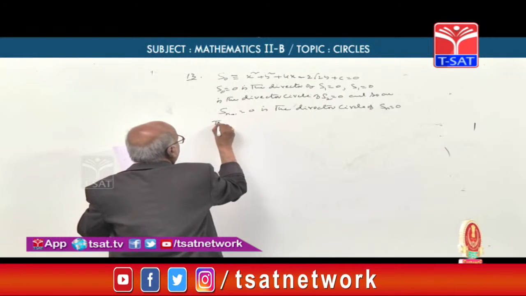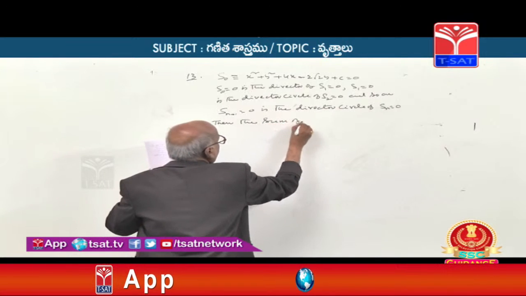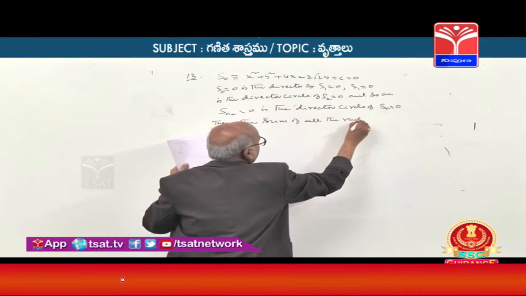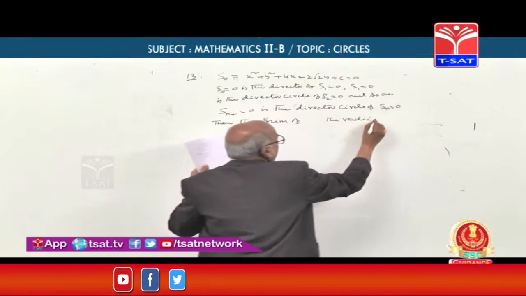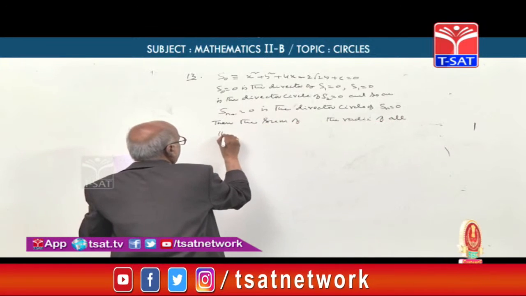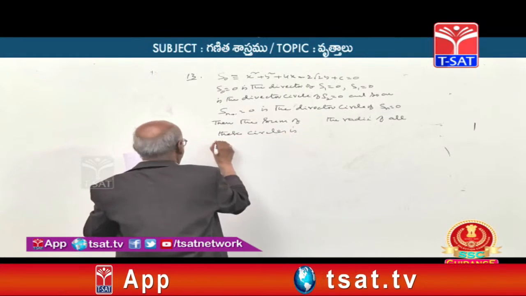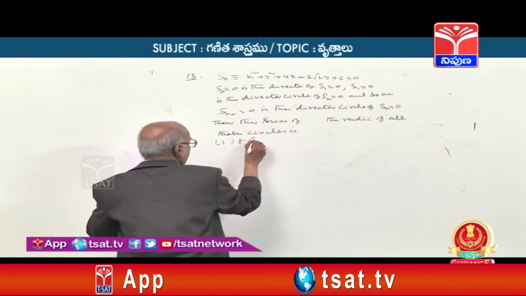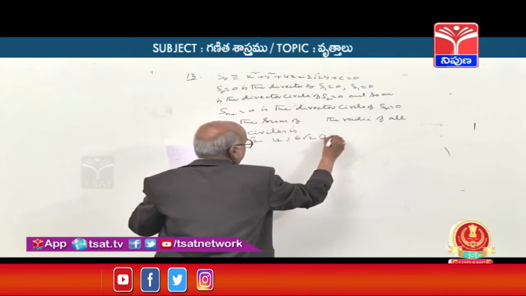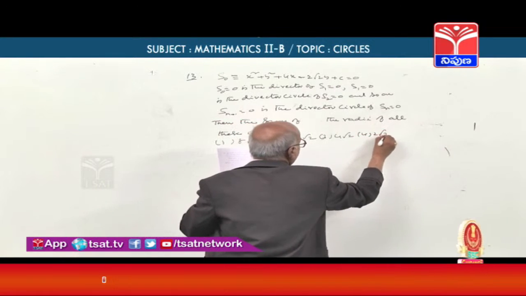Then the sum of the radii of all these circles is number 1, 8 root 2, 2, 6 root 2, 3, 4 root 2, and 4, 2 root 2.